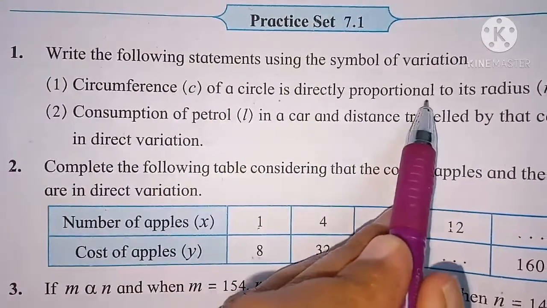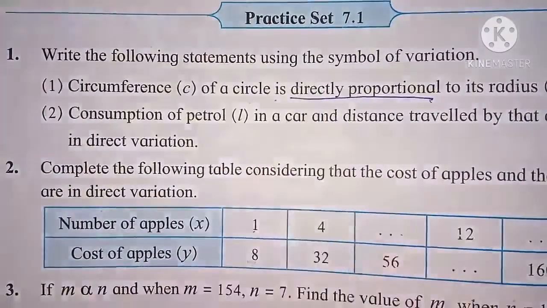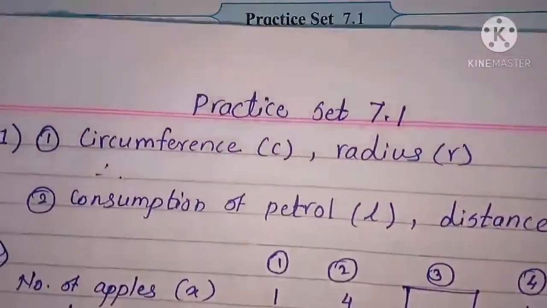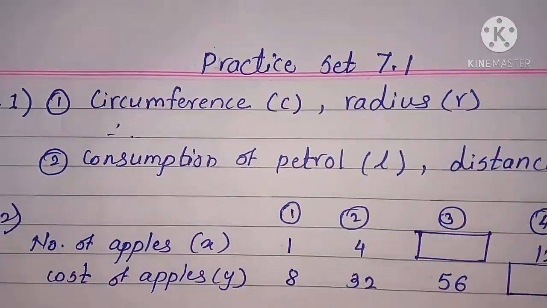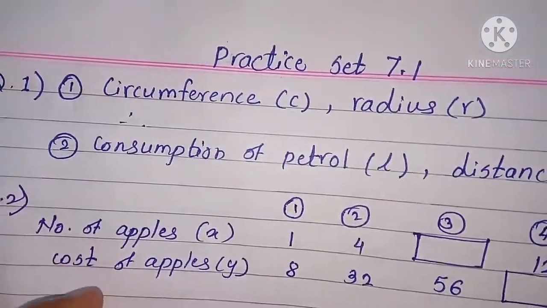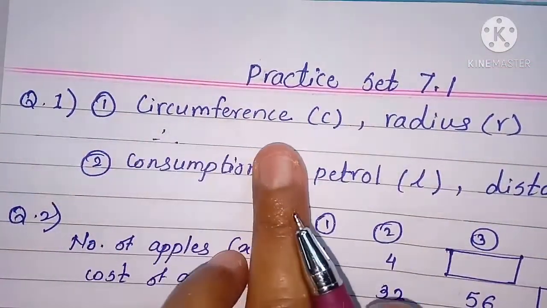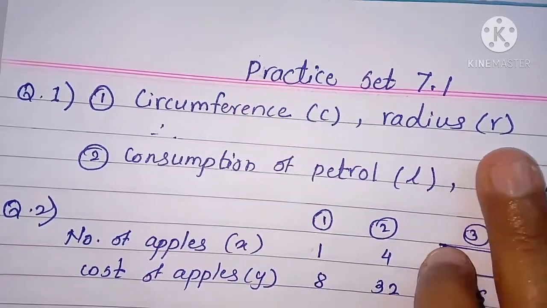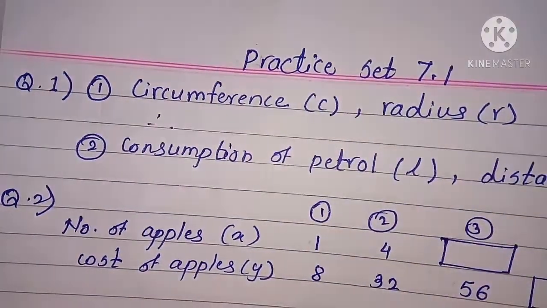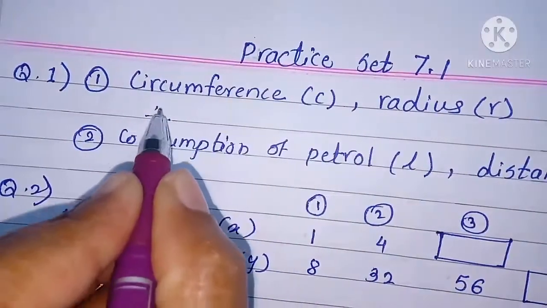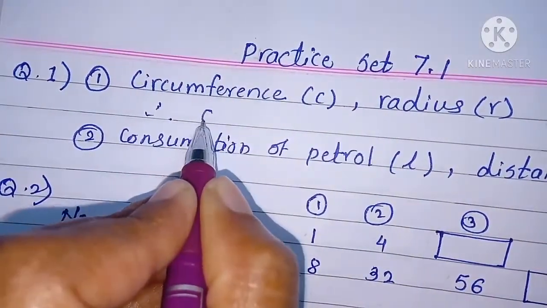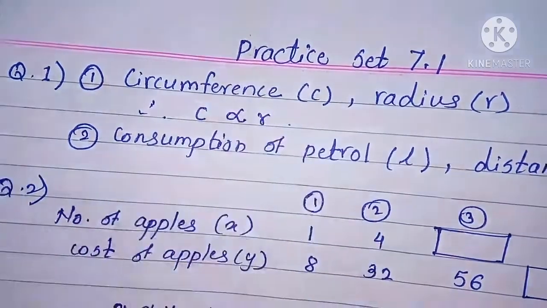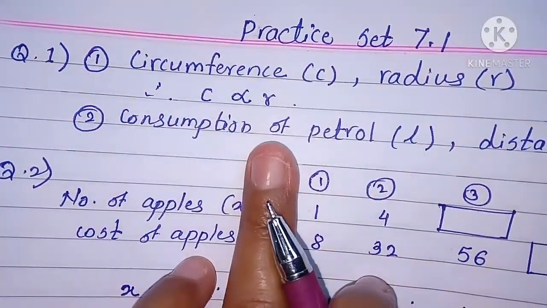Here the words directly proportional are given, so it is very easy to write the answer. Write it in symbol only. Therefore C is directly proportional to r. C varies directly as r.